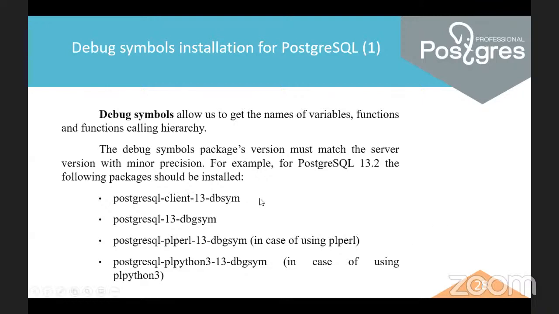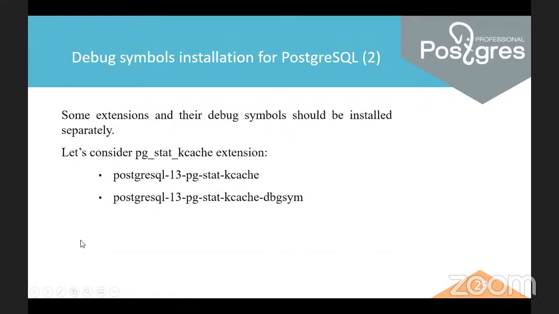In case you are using Perl for your procedures, you should install this package as well. And in case you're using PL/Python to communicate with your external services, you should install it as well too. And in case you have some external extensions like pg_wait_sampling or pg_stat_kcache, you should make sure that you have installed them separately and the debug symbols as well.